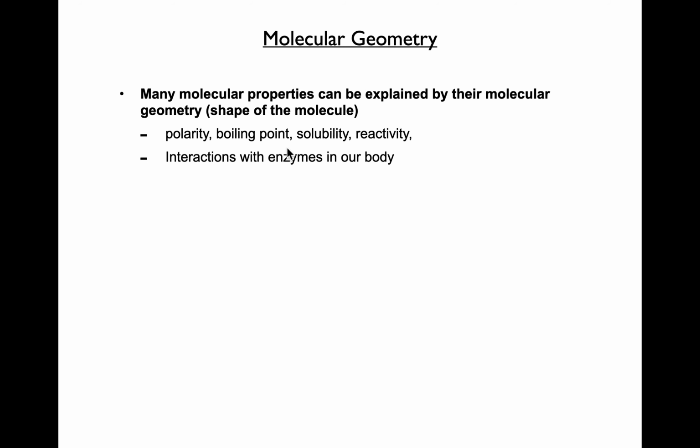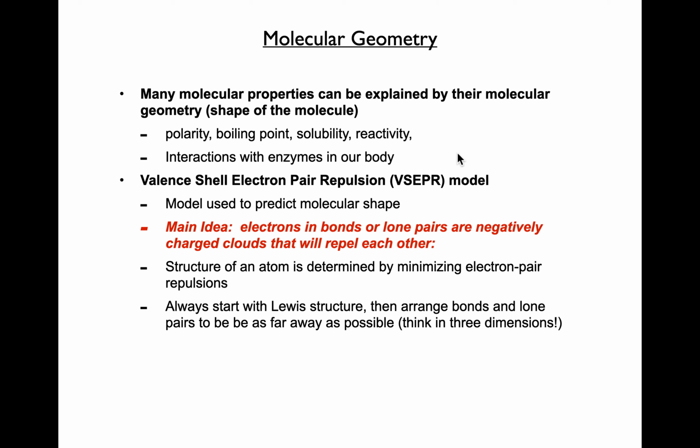So this idea that structure predicts reactivity is really crucial, and this is our start of understanding what a molecule looks like, what is its shape. The model we're going to use to explain this is what's known as the valence shell electron pair repulsion, or VSEPR model.